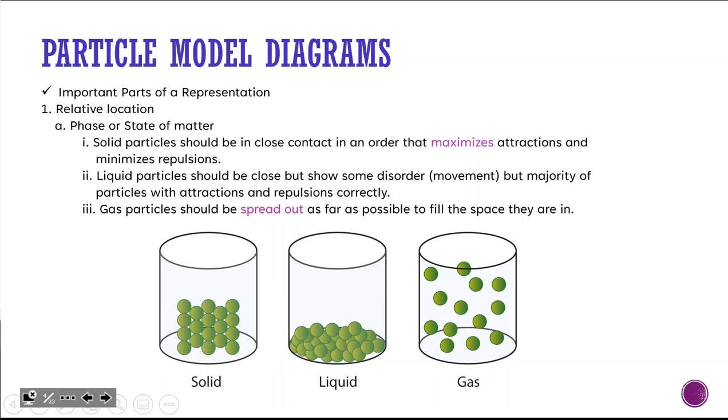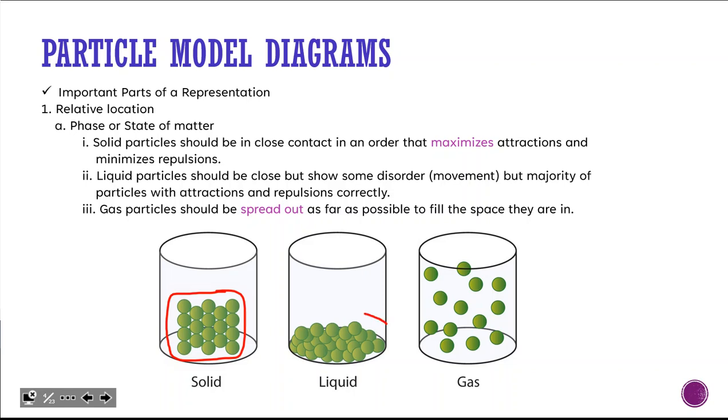One other thing that you should notice about the way that the solid is being represented, especially in this particular one, is it's sitting in the middle of the container because it has its own definite shape. It doesn't take the shape of the container. So it's just in the middle, sitting there because it's holding its fixed position, has those stronger forces holding the particles together. So it doesn't actually fill the container at all. It just sits at the bottom, okay?